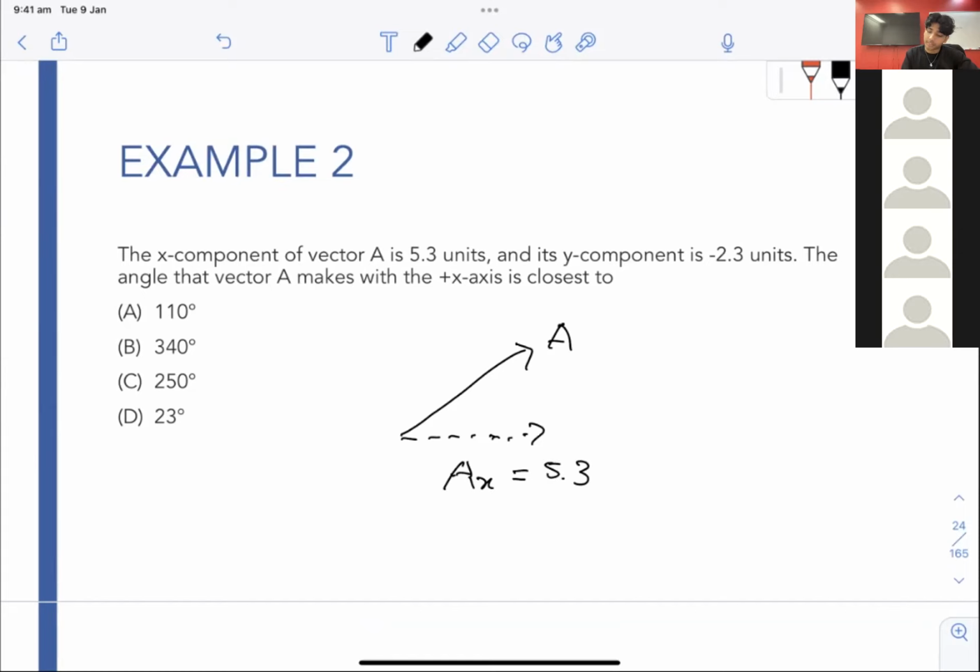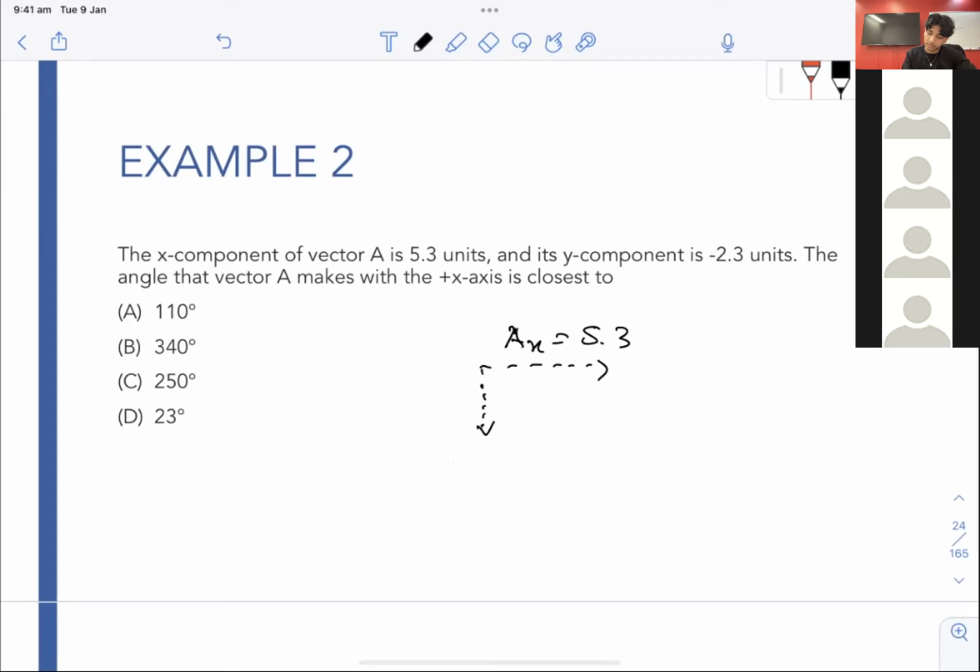The y component is, sorry, let me redraw this. The y component is actually negative, which tells me it's going to the right, but also down. So here's the x component again, AX equals 5.3. The y component is negative 2.3, so AY equals negative 2.3. So A will look a bit like this.